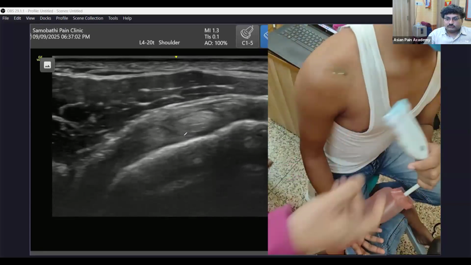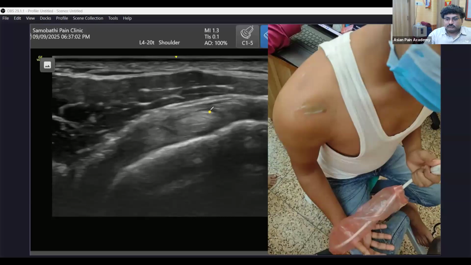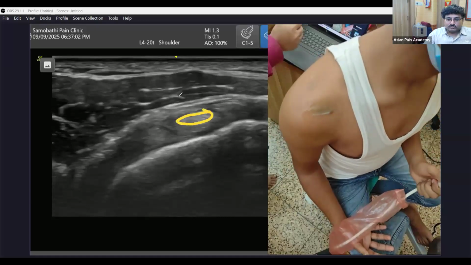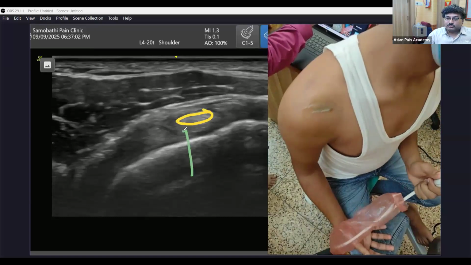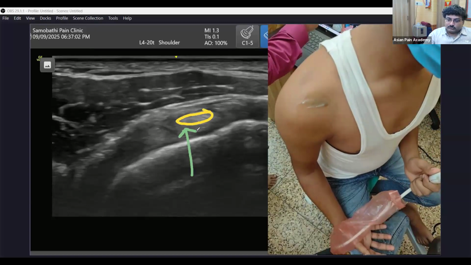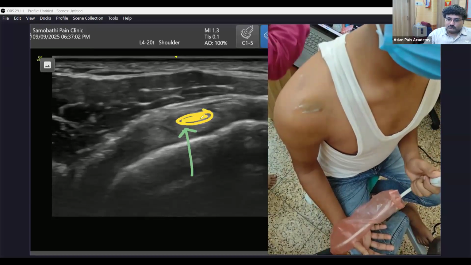I think everyone can see that this part and the adjacent part are not the same. This adjacent upper part is different. So can anyone say what the green arrow is?